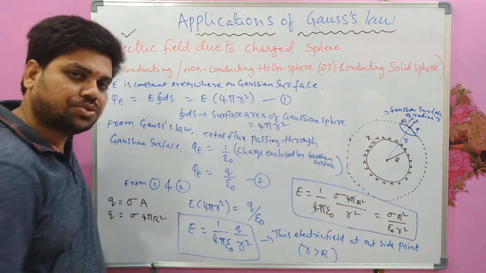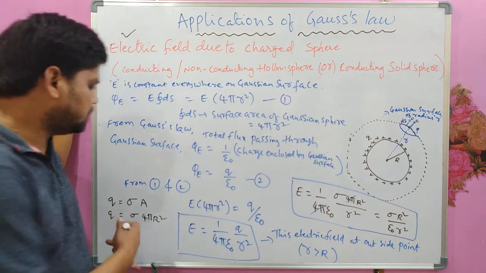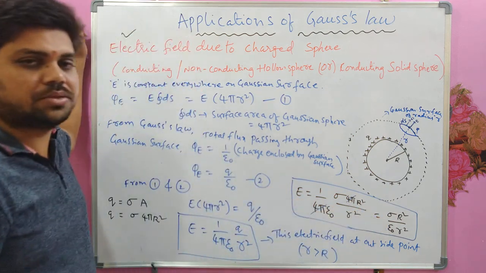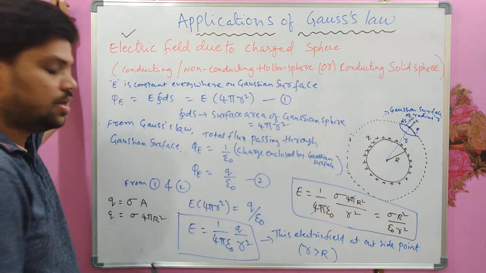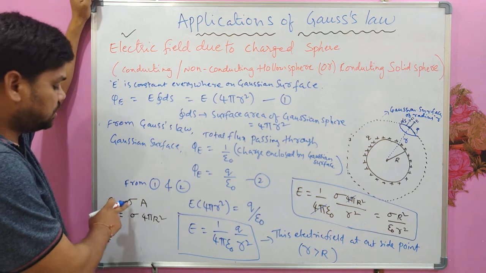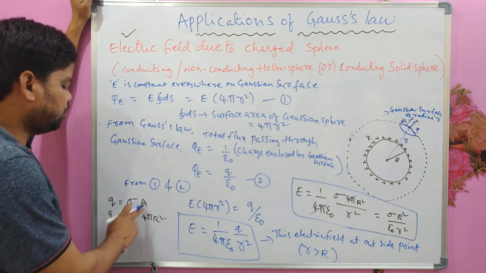Mostly the earlier formula is used, but in some books and cases this one is also used. We got it by replacing Q with sigma A, or sigma into 4 pi R square.